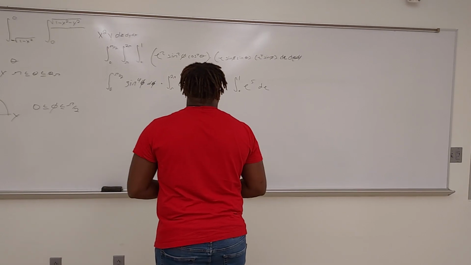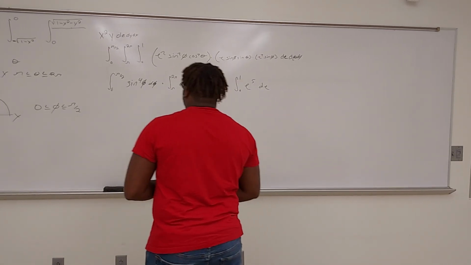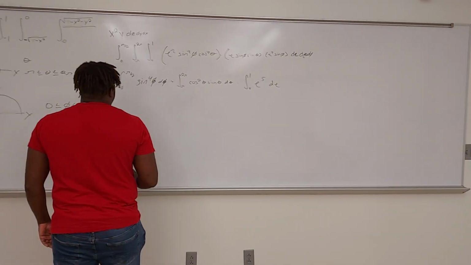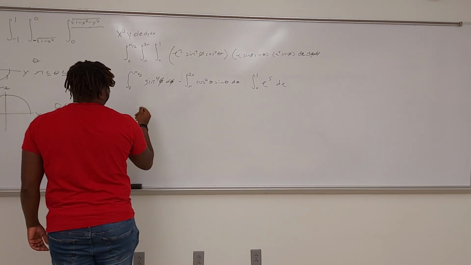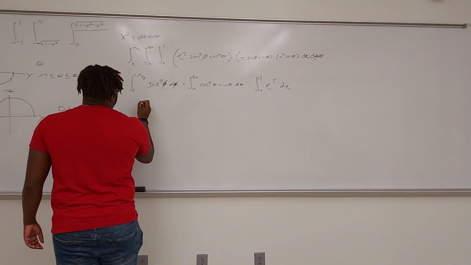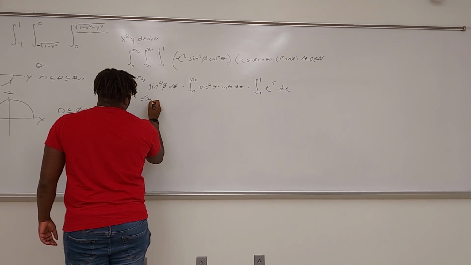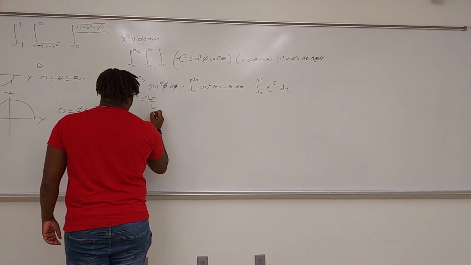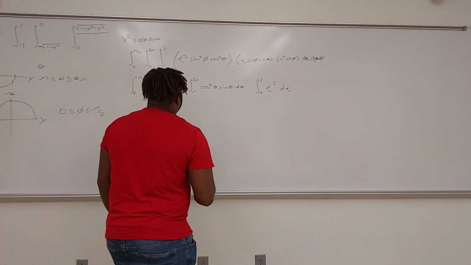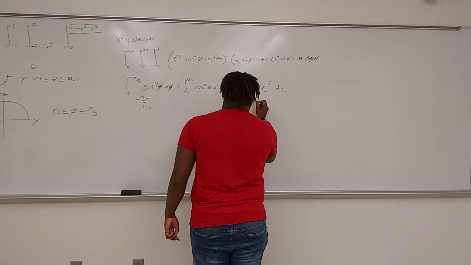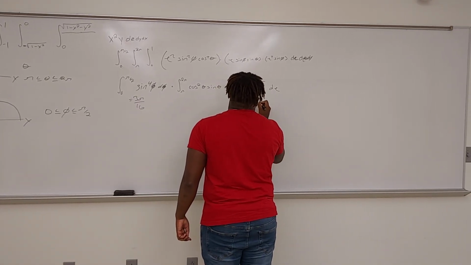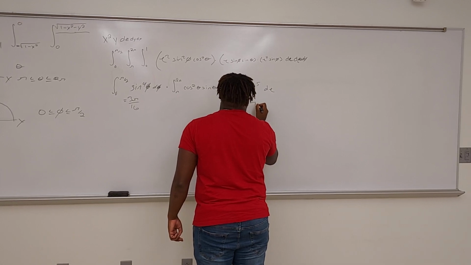Next, we find what these answers are. So this is something we should remember, but there's like a graph for it or something like that. But this would equal 3 pi over 16. Then this one, take the antiderivative of this, will be 1 over 6.